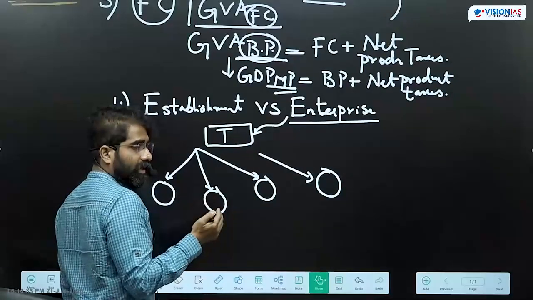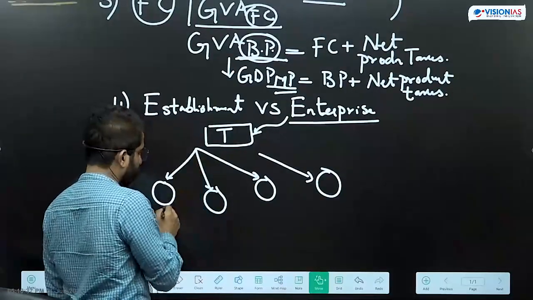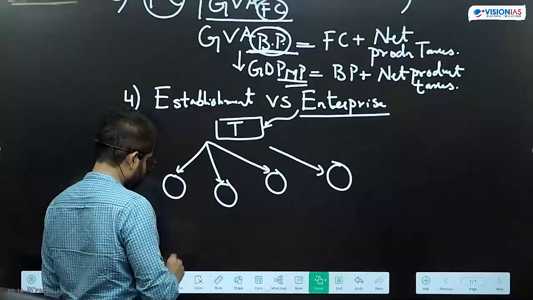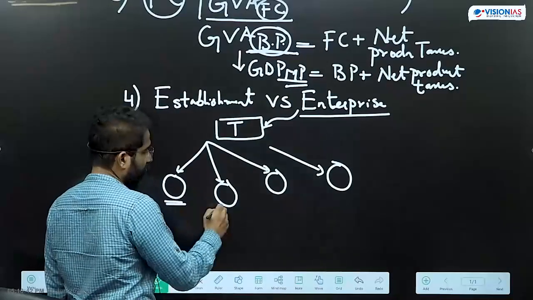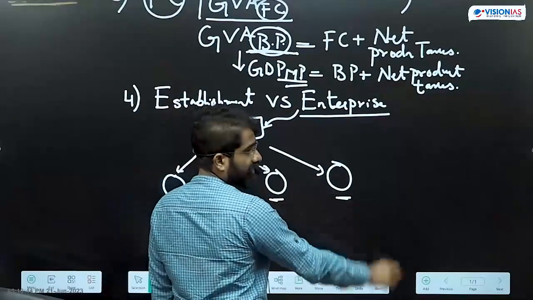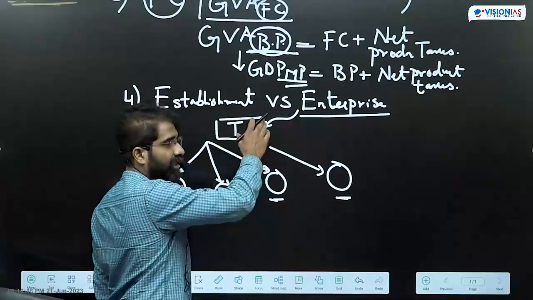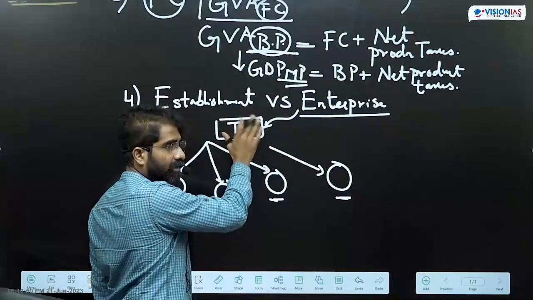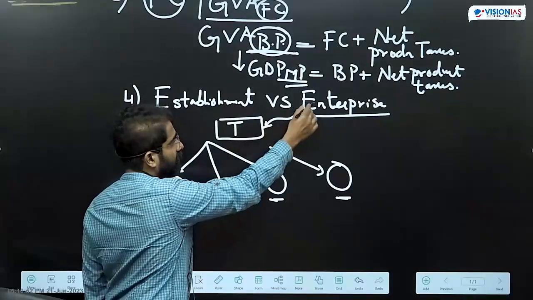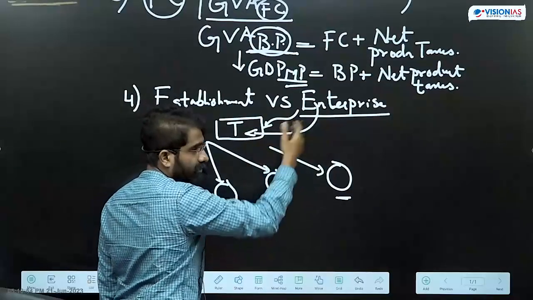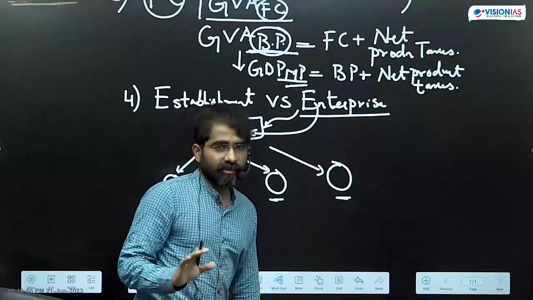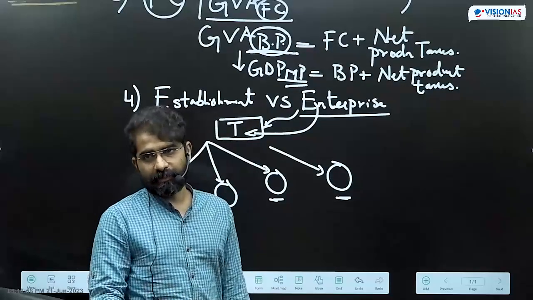Now earlier, establishment means you are calculating the values at each of these entities. So now they are collecting data mainly from the head office. This head office is nothing but the enterprise. So for data collection, they said we will do it from the enterprise level.